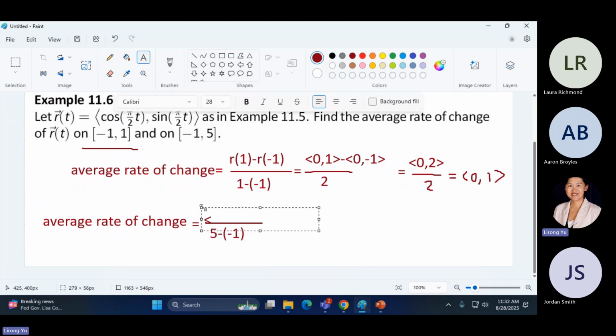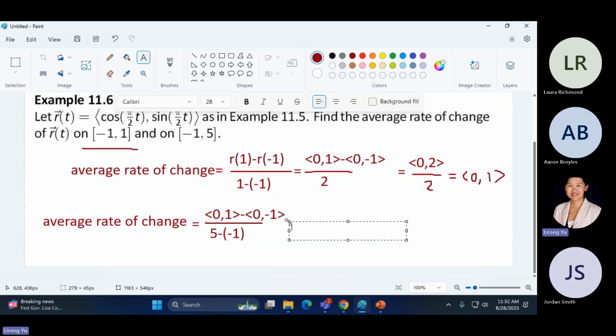Cosine 5 pi over 2 is still 0, and sine 5 pi over 2 is still 1, because 4 pi over 2 is 2 pi. Then cosine negative 5 pi over 2 is also 0, and sine negative 5 pi over 2 is negative 1.